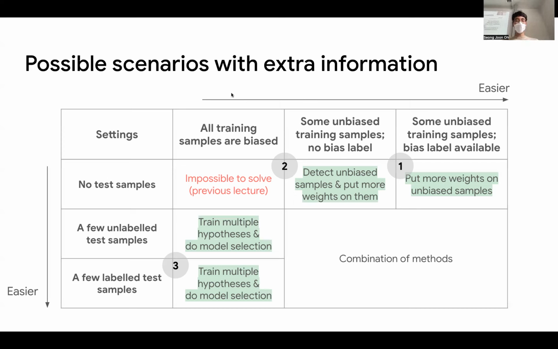So if you have access to some test samples, there are two different versions of it: when you have labeled test samples and when you have unlabeled test samples. If you have labeled test samples, it's easier than having unlabeled test samples. I'm going to talk only about this easier case, and this harder case of having unlabeled test samples I'm not going to talk about yet, because I'm not entirely sure if that's still a possible case to solve.